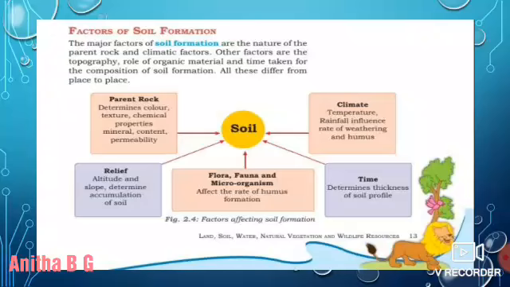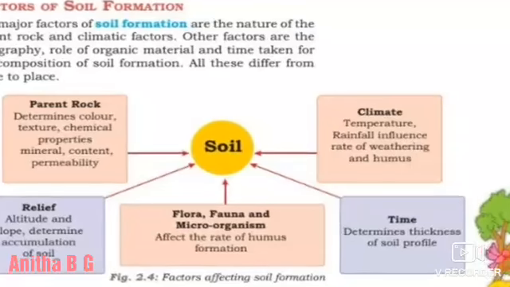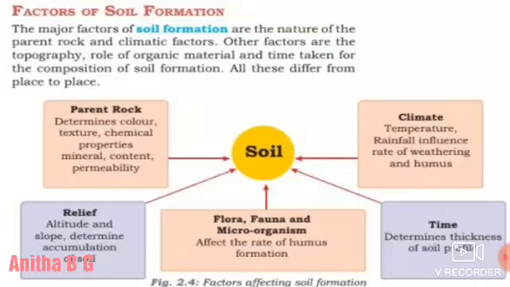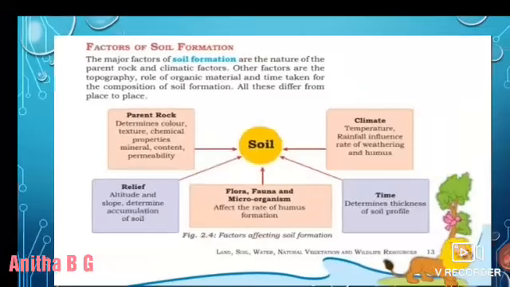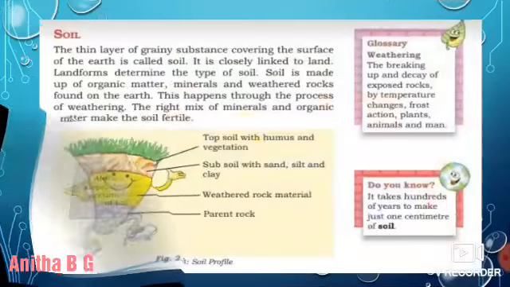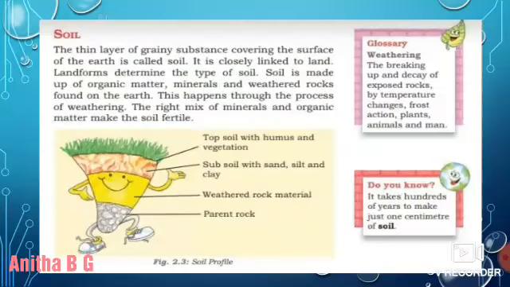Okay, next, factors of soil formation. What are the factors we can see in soil formation? The major factors of soil formation are the nature of parent rock and climatic factors. We saw in the previous picture the parent rock at the bottom.